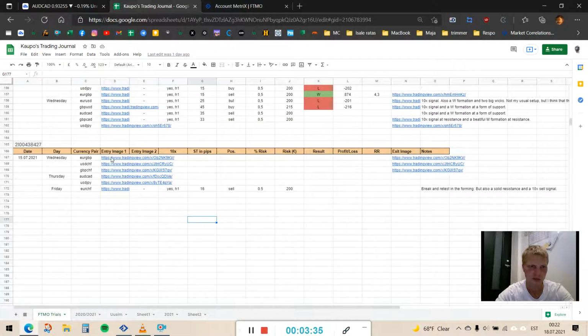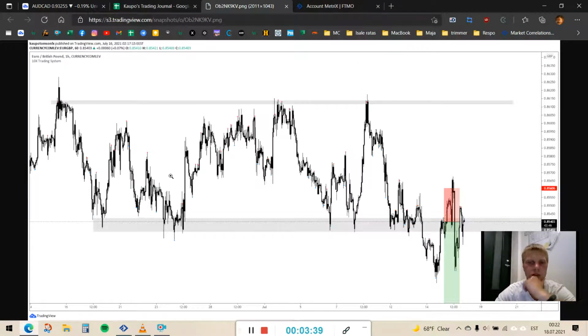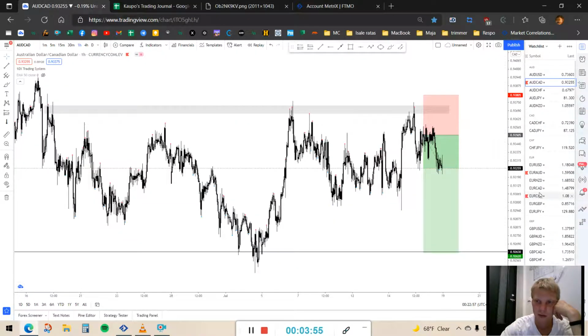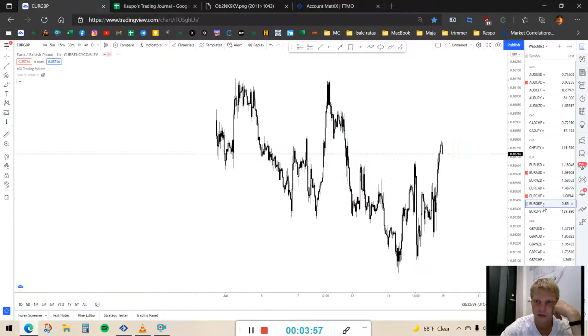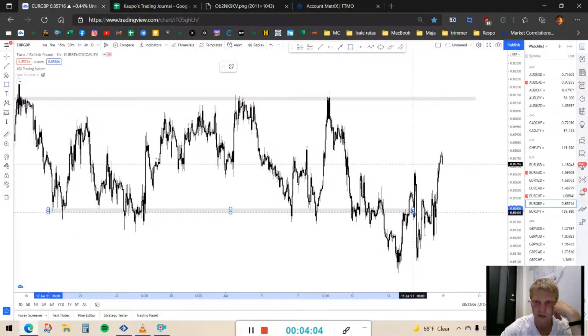First trade, Euro GBP. So this was kind of a break and retest trade, because you see there's a support, now a break and a retest and a sell signal, and that was over here. This was the trade.